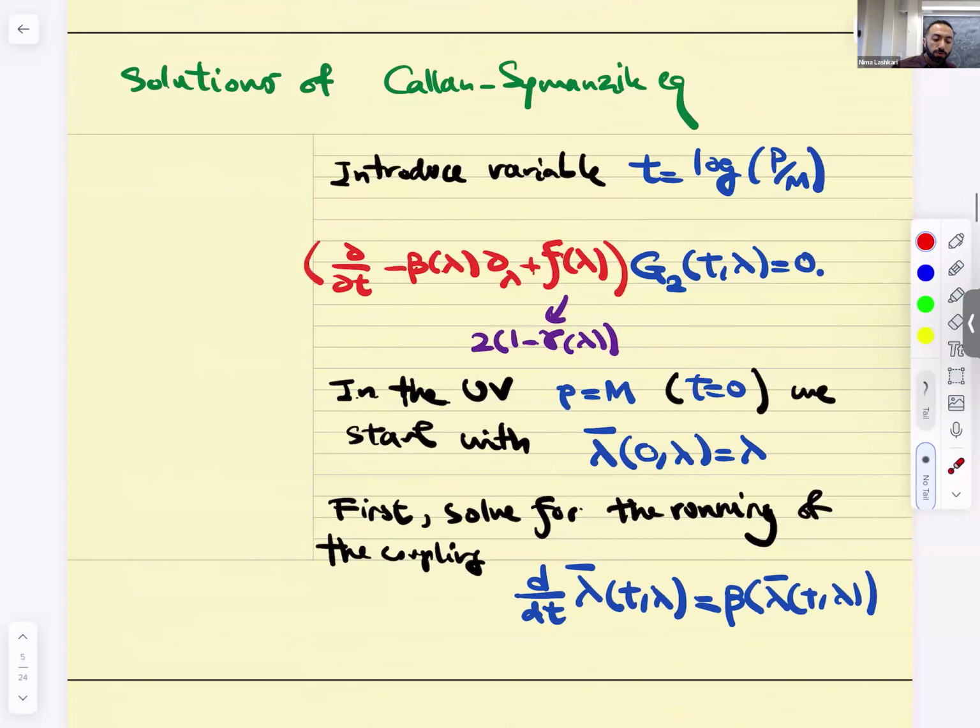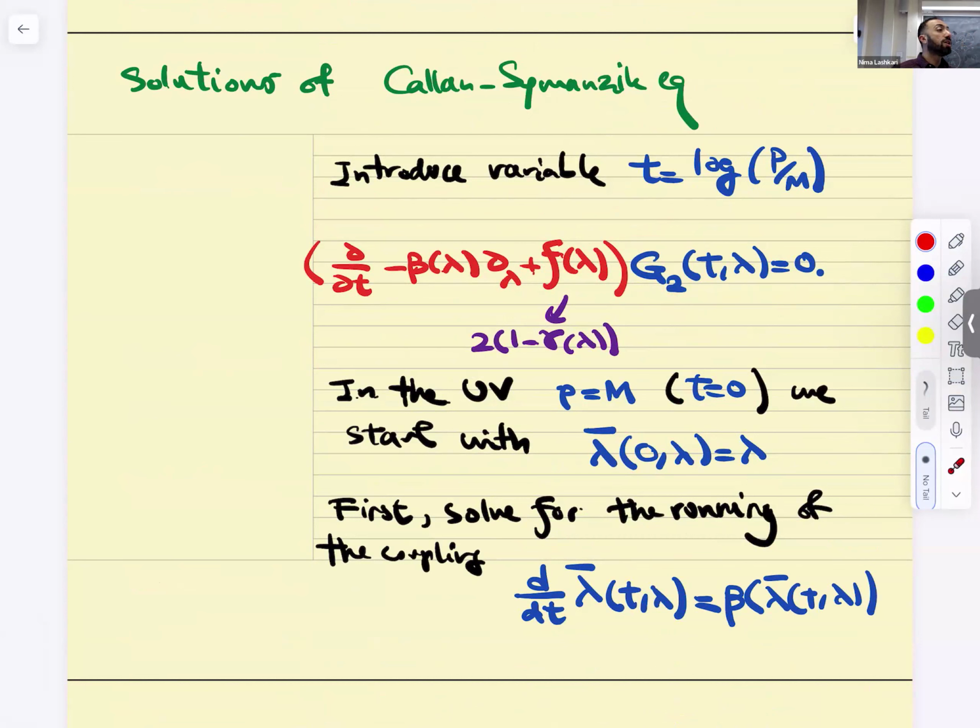We talked about the solutions of the Callan-Symanzik equation, and I'm going to explain it with a little bit more detail this time. Callan-Symanzik is written for correlation functions, so let's just focus on the 2-point function as we did last time. We used this analogy of Sidney Coleman with bacteria growing in some pipe, but now I'm not going to summarize that anymore.